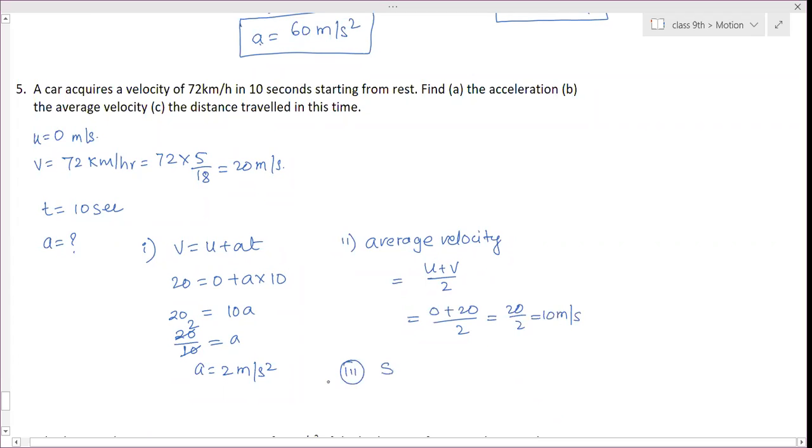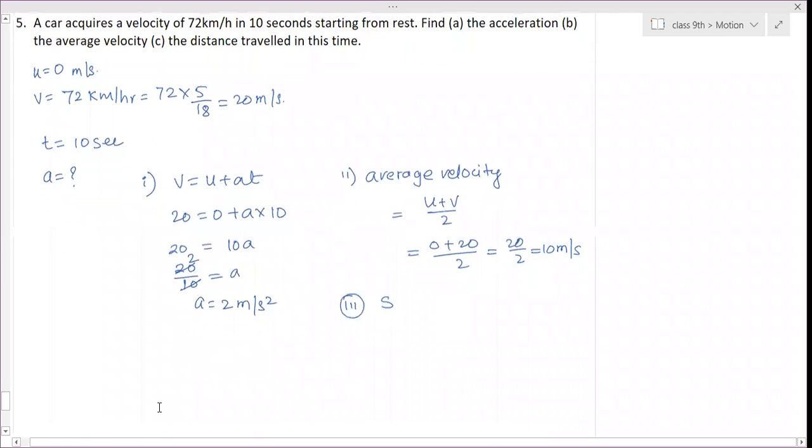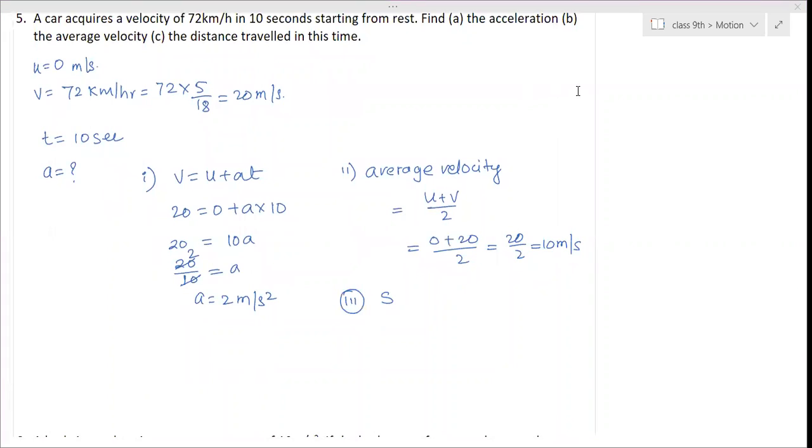And the third is distance covered. How to calculate distance covered with the formula? S is equal to. Aditya, do you know? Yes, Rupika?